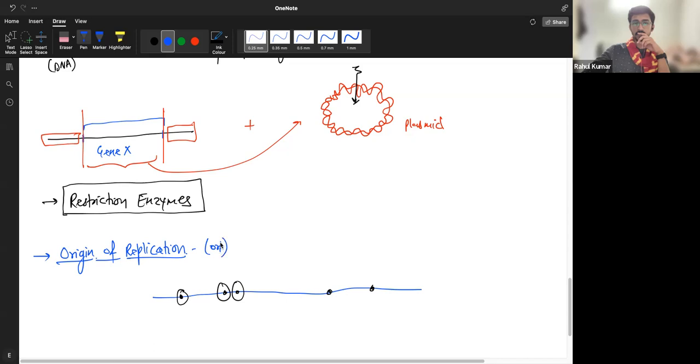It's denoted as ORI. Origin of replication sequence, which is responsible for the initiation of replication.